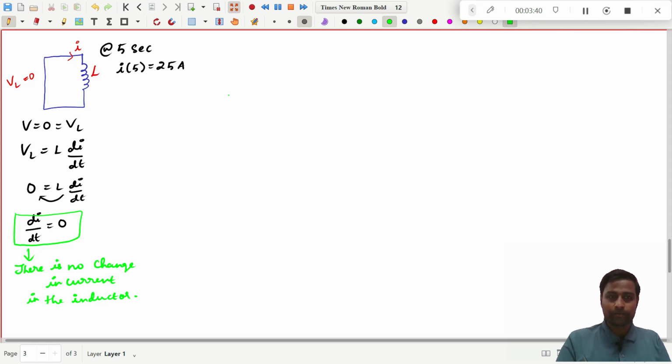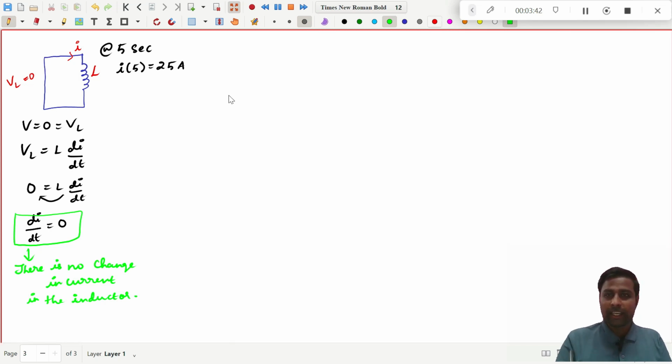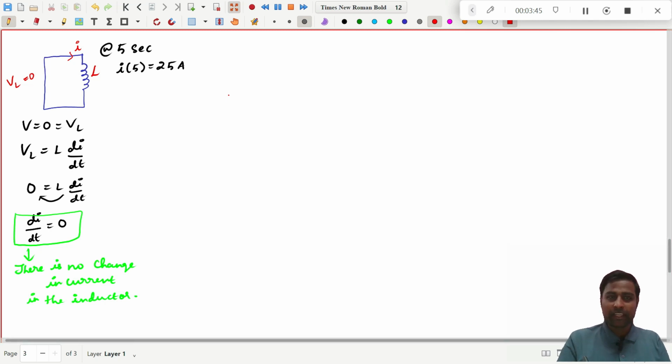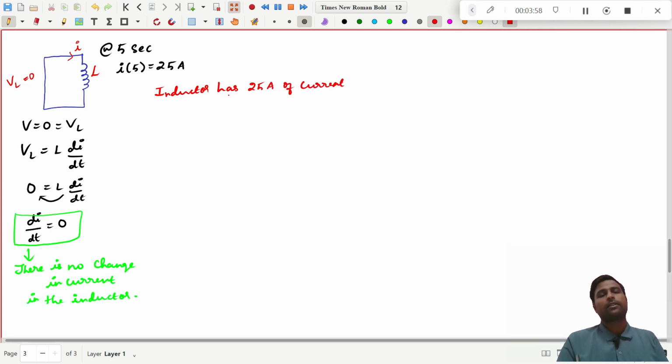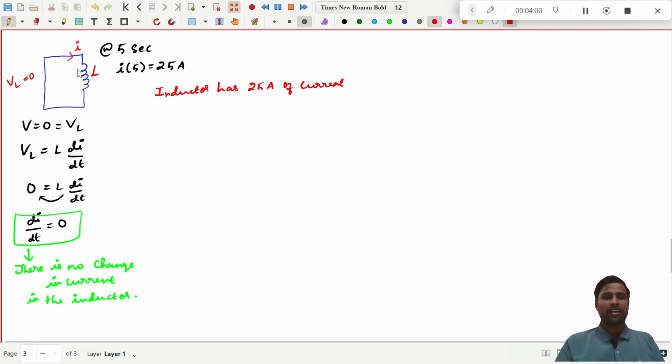So now the inductor has 25 amperes of current, and from this we can literally say that the inductor can store energy, right?